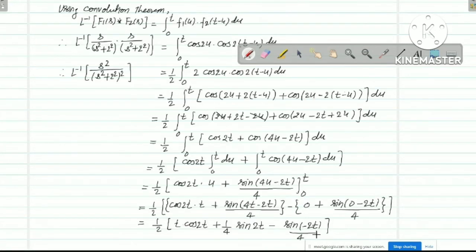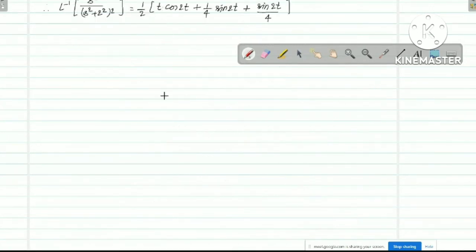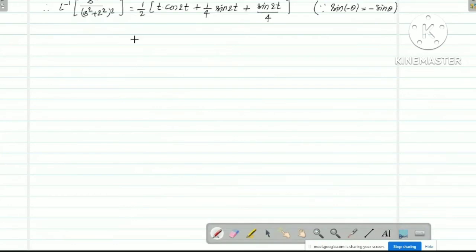You understood? Yes or no? So since we write here sin minus theta equal to minus of sin theta, okay, because of this. Now let us simplify this.